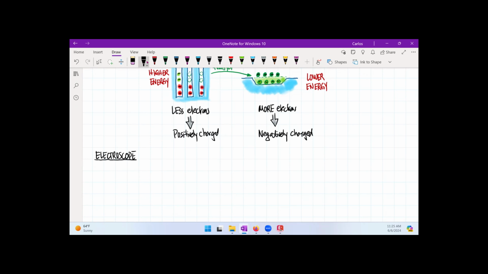There are two varieties, and I'm just going to copy these images to save time.